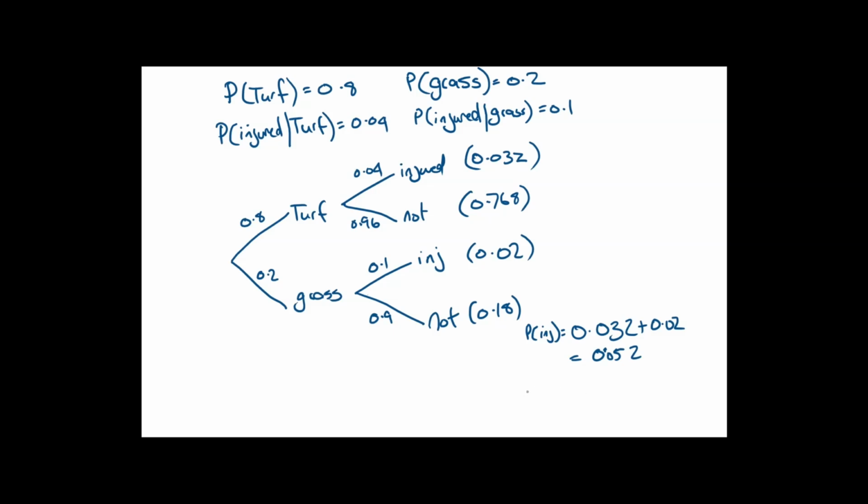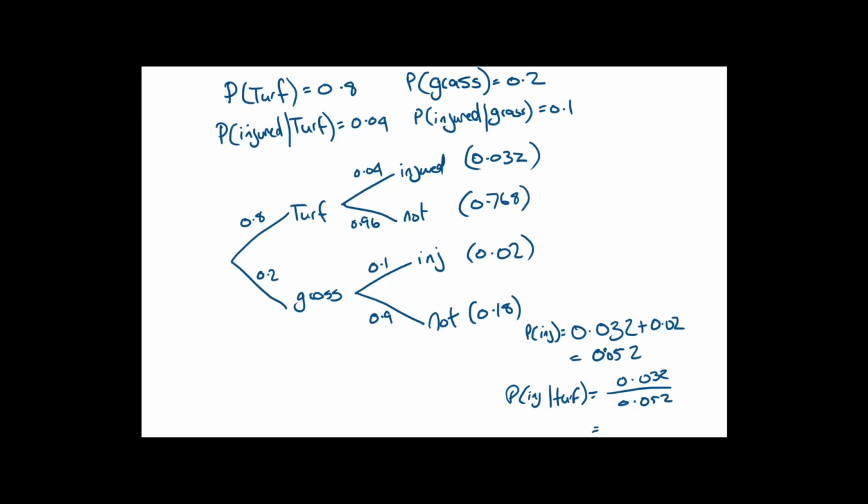So the probability that they played on artificial turf, given that they were injured, is going to be 0.032 over 0.052.